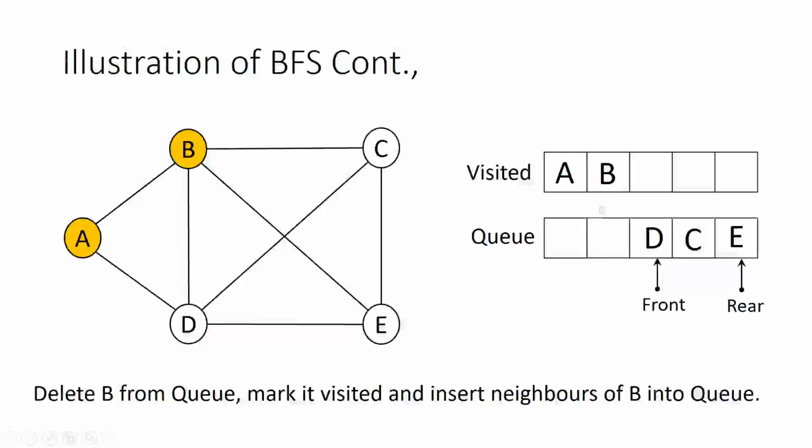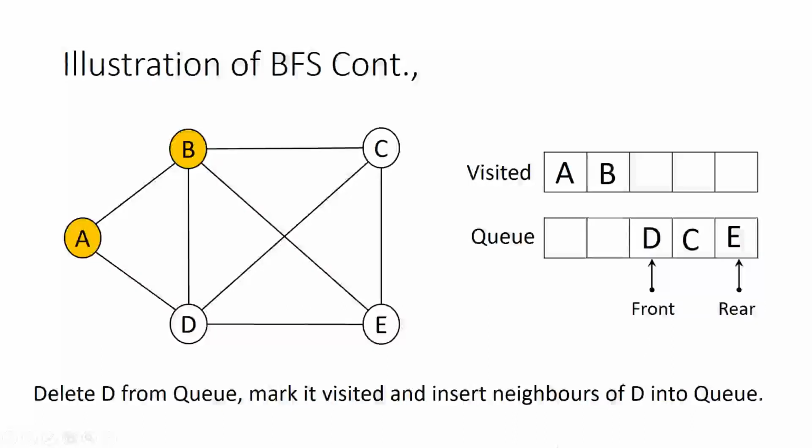Because B is deleted, front moves to D, and rear is pointed to E. Now we delete D, and when deleting D from the queue and inserting it into visited, the neighbors of D should be copied into the queue. But what are the neighbors of D? B, C and E. But B is already visited and C is already in the queue, so we need not do anything. Just delete D from the queue and mark it visited.